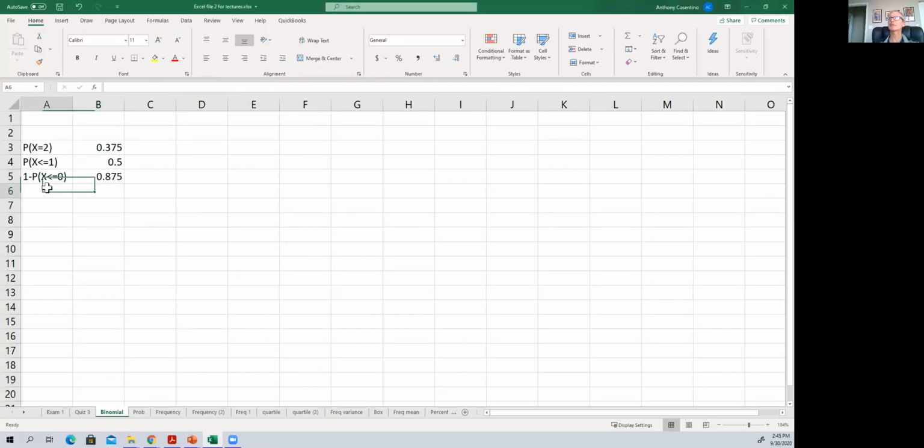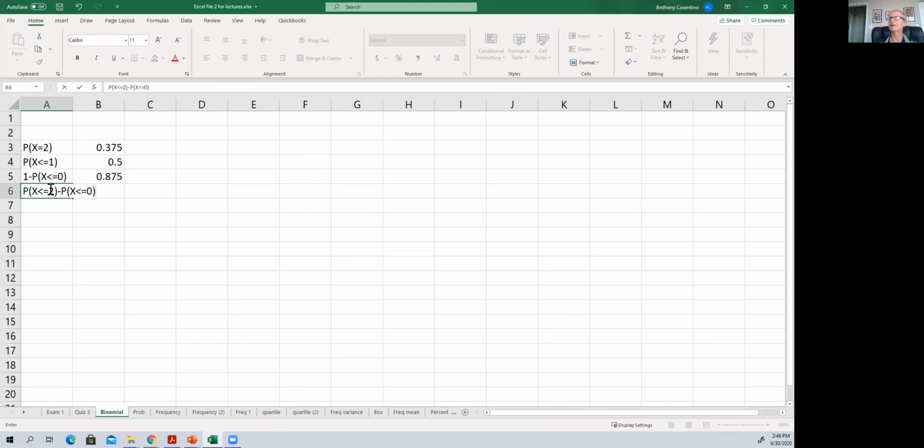So if you go back to the spreadsheet, we want the probability of X less than or equal to 2. Oops, didn't type that in correctly. Here we go, less than or equal to 2 minus probability of X less than or equal to 0.